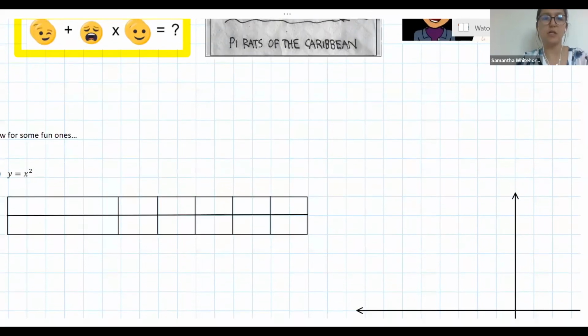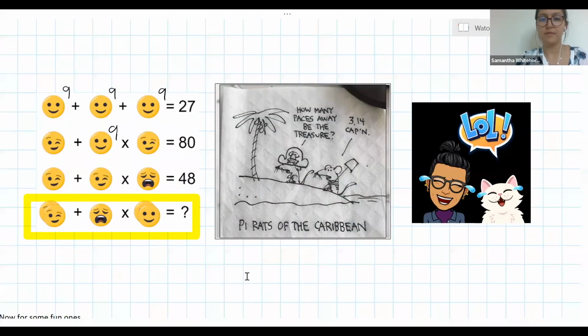We multiply first, ma'am. Good. So what is 9 times 8? It's 72. Perfect, which is why 72 plus 8 does give me 80. Excellent. So these little winky faces here are 8s.